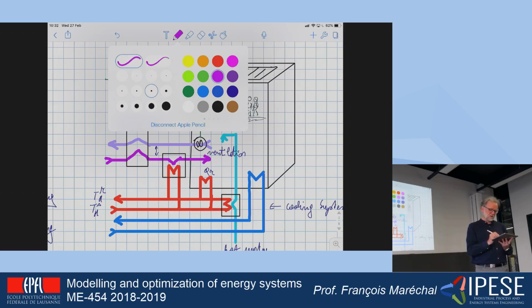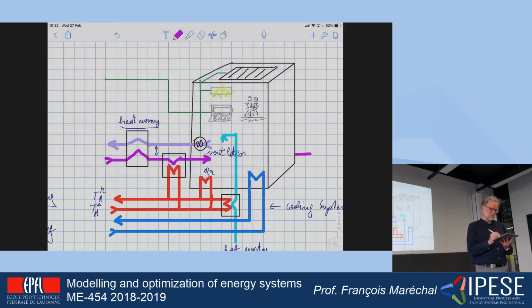I should have added here a flow of air coming from outside that are all the leakages, so the windows that are open, the doors that are open. You have seen that at EPFL there are always two doors when you enter somewhere, and it's also to reduce the amount of leakage.